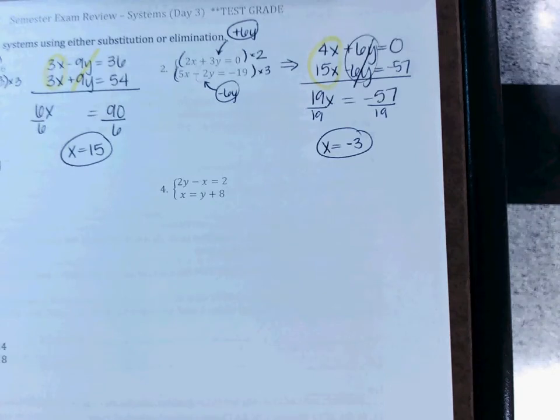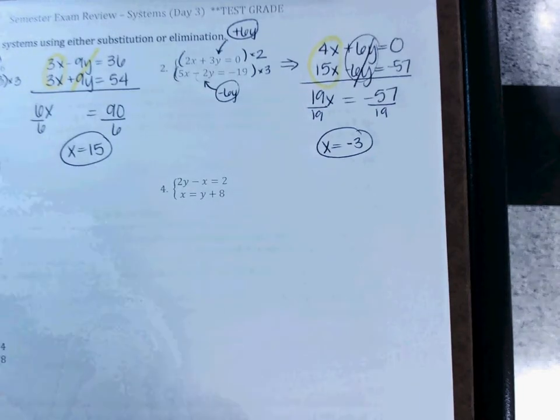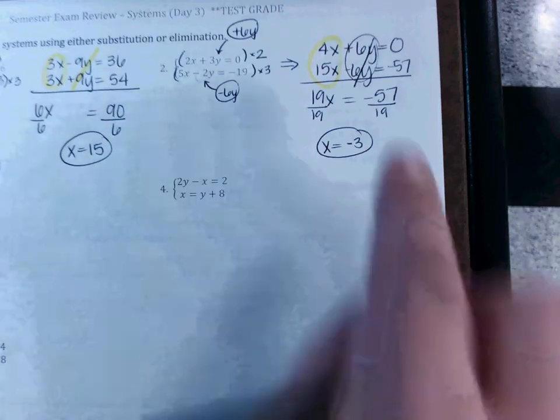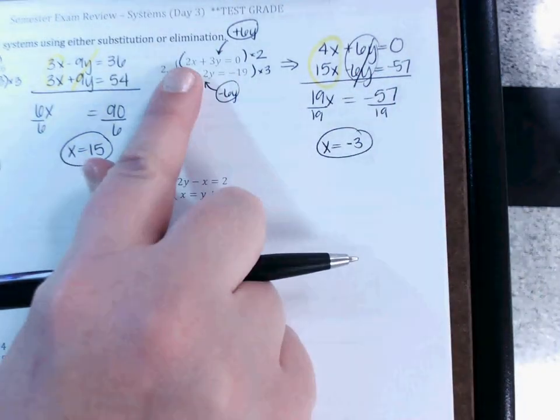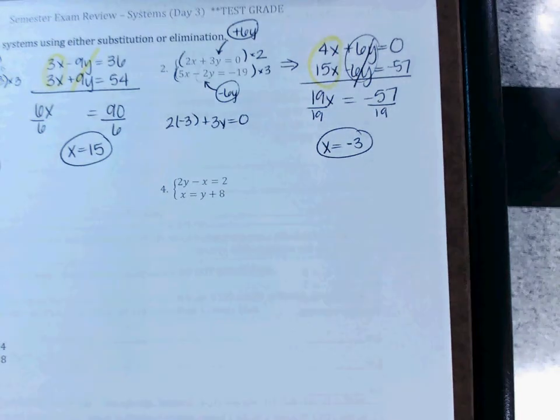Then you would go back and find y, whatever that would have to be. So let's say I want to plug into the top equation. Now remember, you want to use the original equations because they have smaller numbers, not the new equations that I made over here. So if I come back here, that would be 2x is now 2 times negative 3 plus 3y is 0. And then what is 2 times negative 3 here?